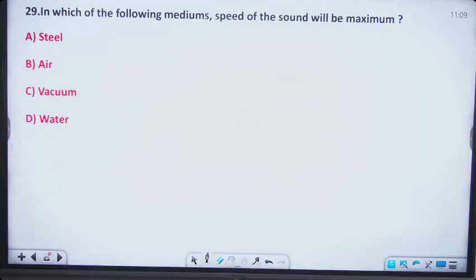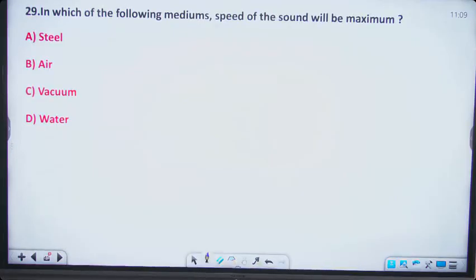In which of the following medium the velocity of sound is maximum? What is the value in air? Velocity of sound in air. What is the velocity of sound in air? 330 meters per second at 0 degrees centigrade.